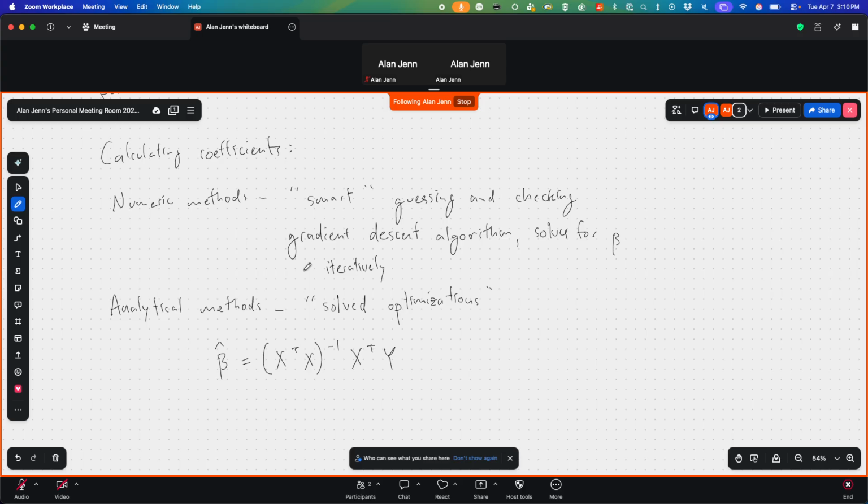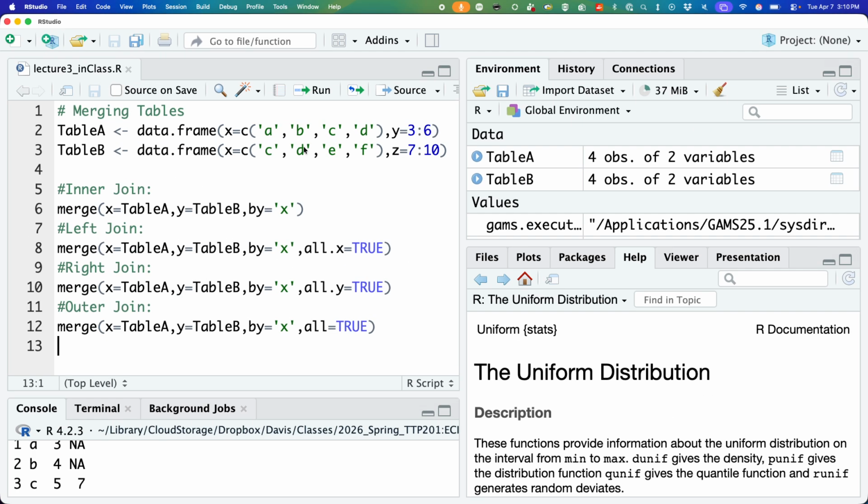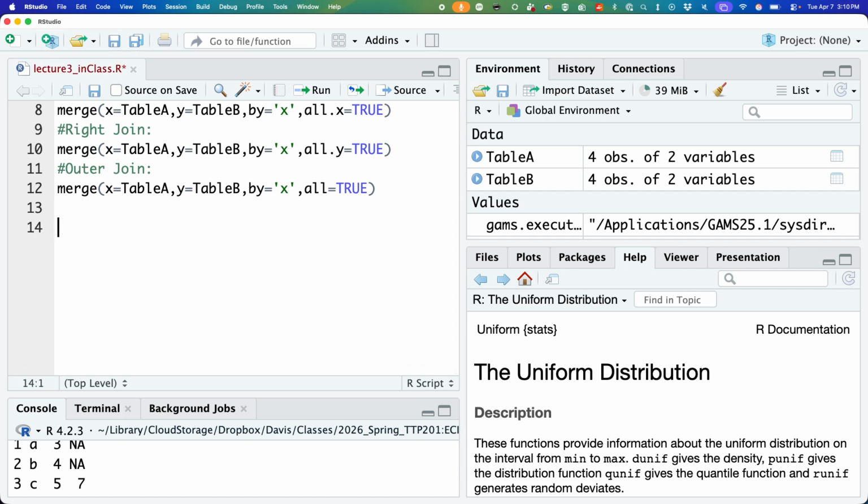All right, so let's look at an example of implementing linear regression in R. How do we actually do this? I'm going to prepare a couple of variables.